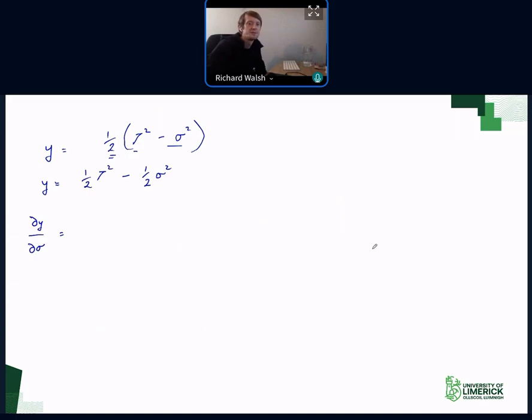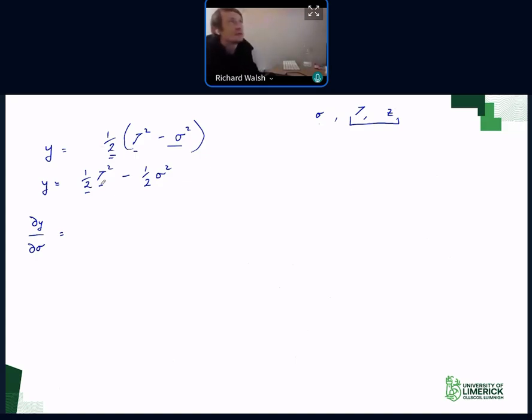So if I'm partially differentiating with respect to sigma, I have 3 other variables. I'm going to treat tau and z as constants. Treat any other variables other than sigma as constants. So this is like a half times, I'm treating that in my head like a half times 4 squared.